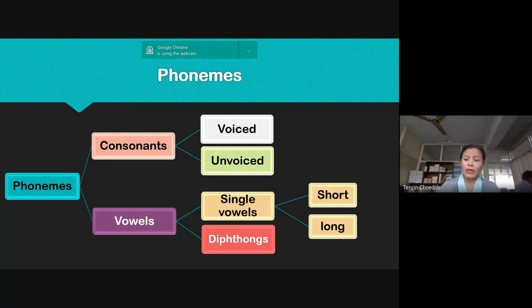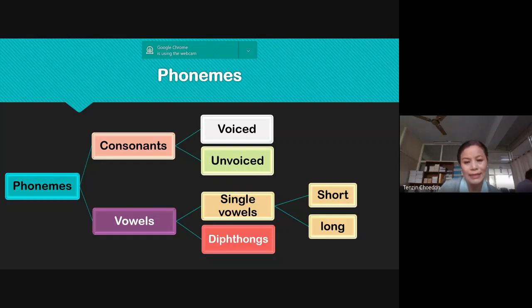I'm going to show you another one here, and I just want you to form the connection when you look at the next slide. Here we have classified phonemes into consonants and vowels, consonants into voiced and unvoiced, vowels as single vowels and diphthongs, and single vowels as short and long.